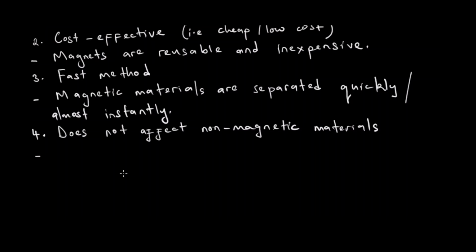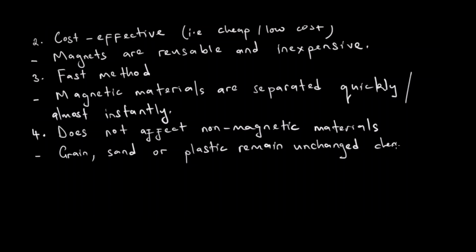Our supporting point is that, for example, grain, sand, or plastic remain unchanged chemically. So the chemical composition of these things does not change. If we use a magnet to separate small pieces of metal and wire found in maize, the maize itself will not be affected. So it's an advantage, because if it were affected, maybe the maize would become poisonous, or spoilt, or its taste affected, or whatever, but it is not affected. It does not affect non-magnetic material.